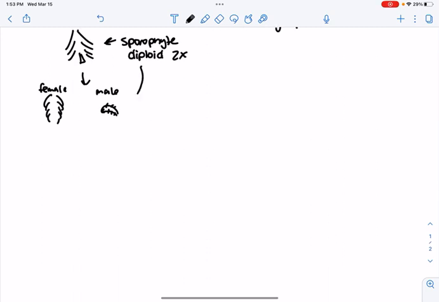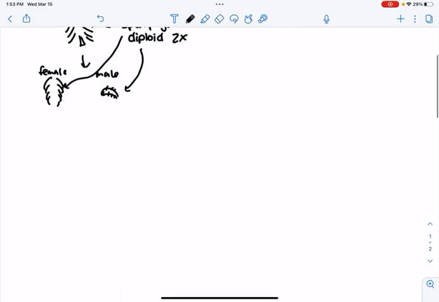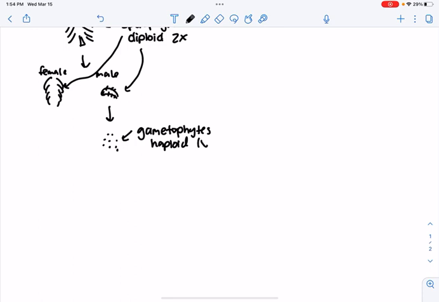So again, both of these pine cones are still sporophytes. They are diploid. However, this male cone is going to produce little specks of pollen, and those specks of pollen are gametophytes, and they are haploid, meaning that they only have one copy of the chromosomes inside of their cell.